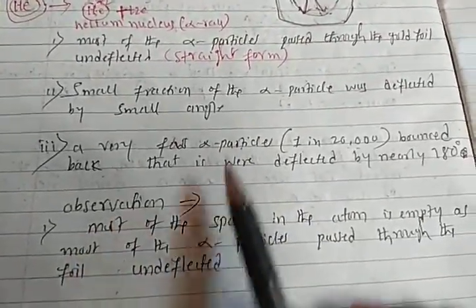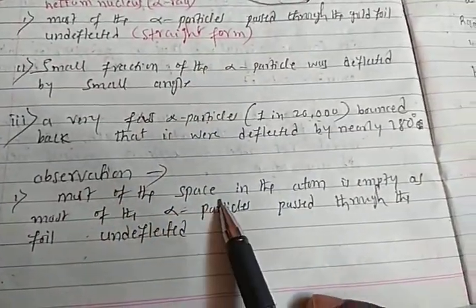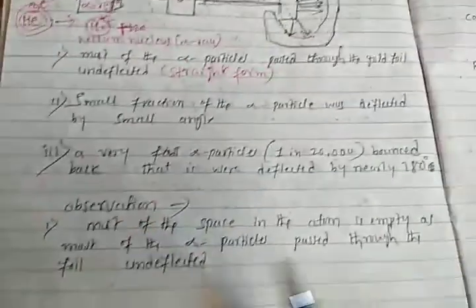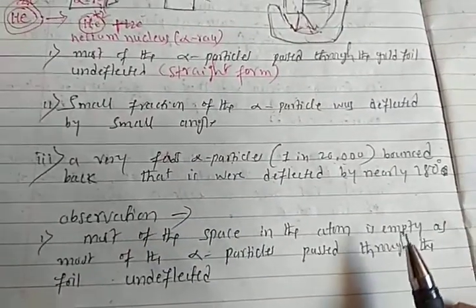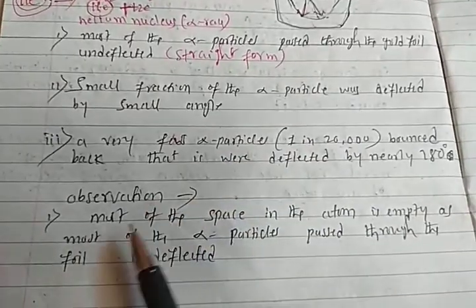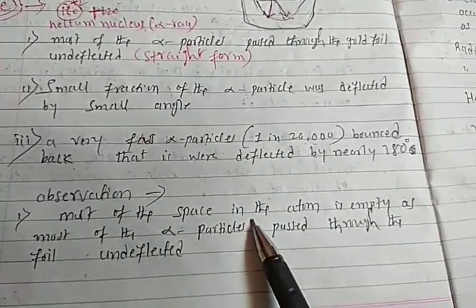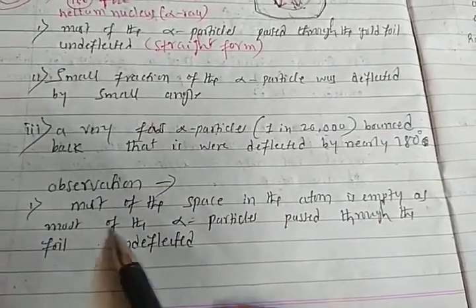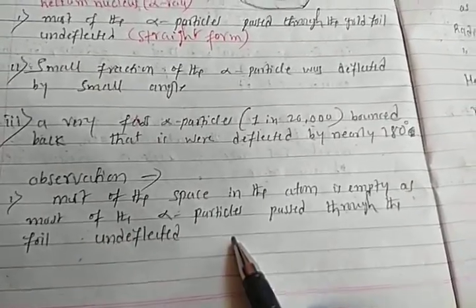So the observation, what he observed and the conclusion he came to: the most of the space around the atom is empty, as most of the alpha particles passed through undeflected.